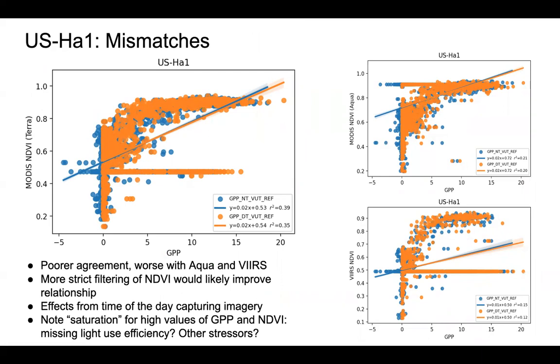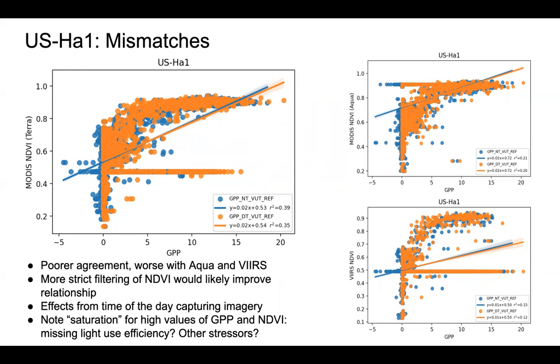The agreement with Aqua seems to be a little worse than it is with Terra. What that tells us potentially is that there are effects of the time of day that the data has been collected by these satellites and how well they might relate with these products. That might be one explanation for this.